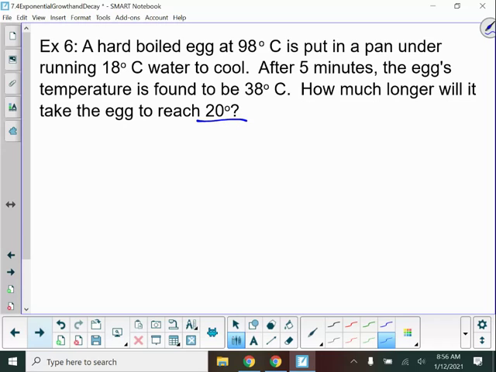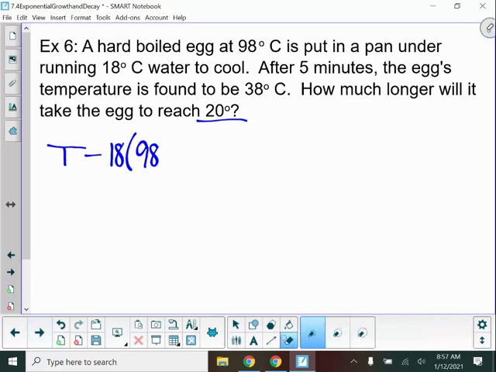So let's use the information that they give us. I'm going to plug in the information that I know first. T would be the temperature of the egg. I'm actually going to use the 38 degrees to figure out what my K is. But I do know the surrounding temperature is 18.